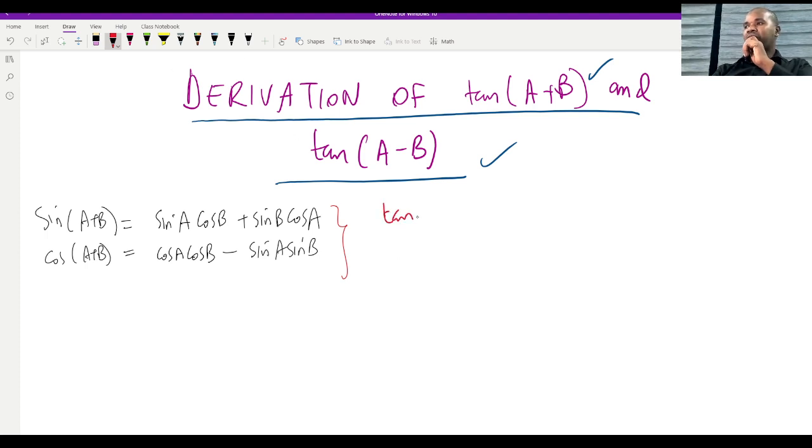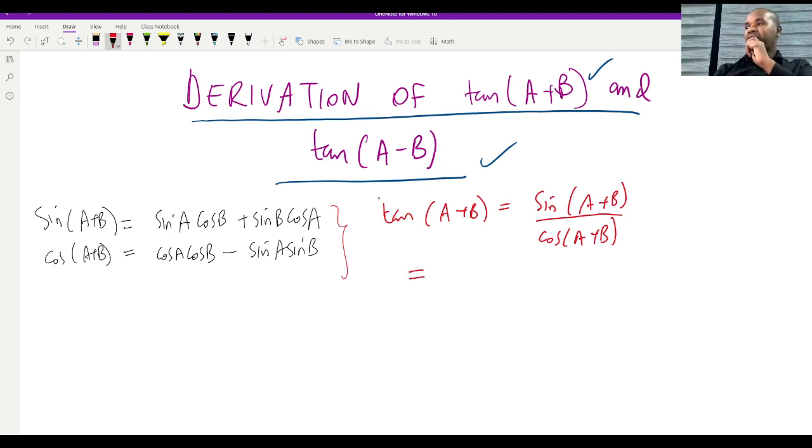Of course, tan(A + B), from the definition of tan, is sine(A + B) over cosine(A + B).